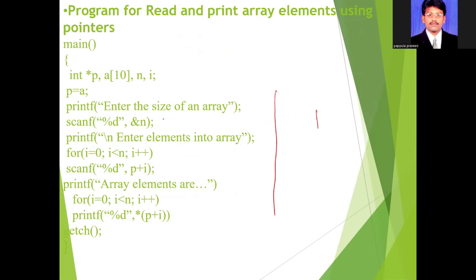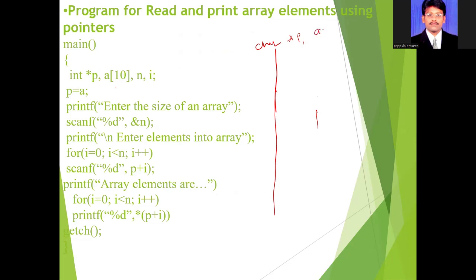int star p, a of 10. Now, in the same way, you write the program for a string. How can we write it? Tell me. What is the data type here? Character star p. Instead of integer, you should take character star p.